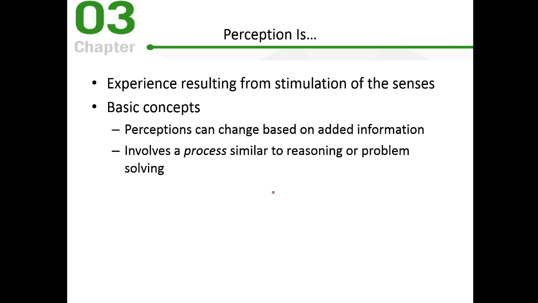Because it does change depending on added information, we actually can go through a process of how we perceive stimuli that are in the environment. And finally, perceptions occur in conjunction with actions. In order to act, we need to perceive. And so both action and perception appear and occur in concert.